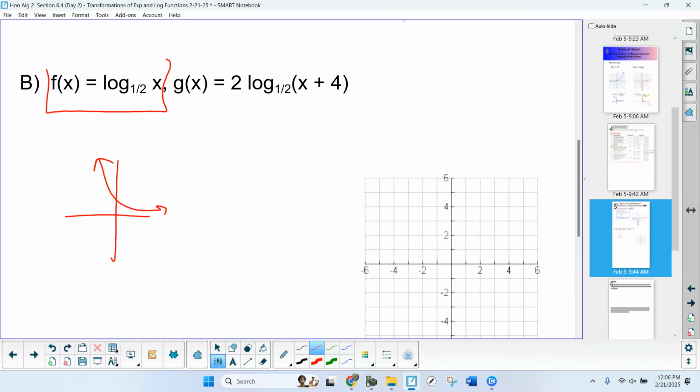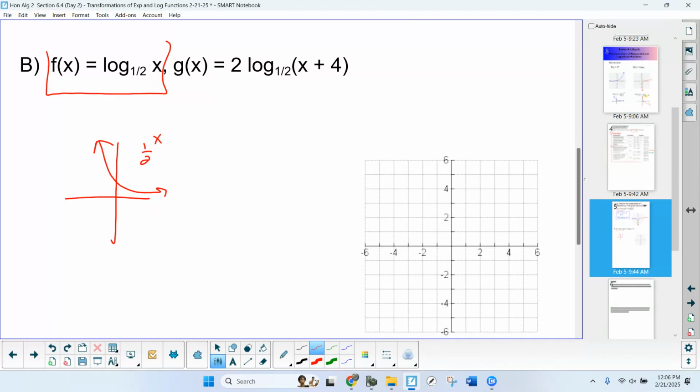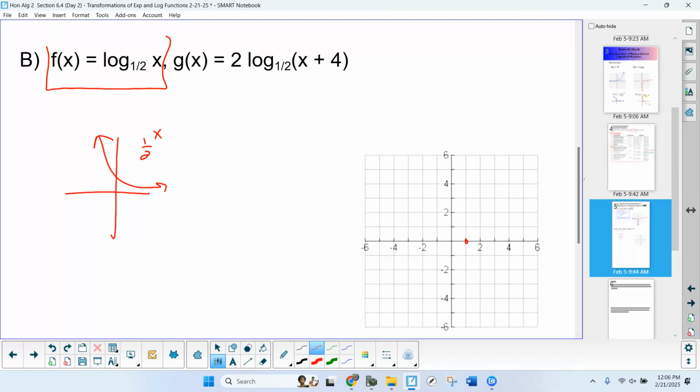Okay, this is the exponential. This would be 1/2 to the x. So how would you guys draw the log function? Well, it goes out towards your asymptote, towards positive infinity. So it's going to go through here. It's going to come here and go that way. So this is f of x.